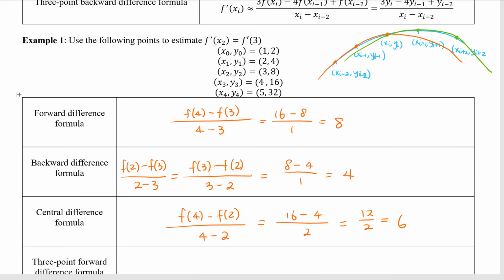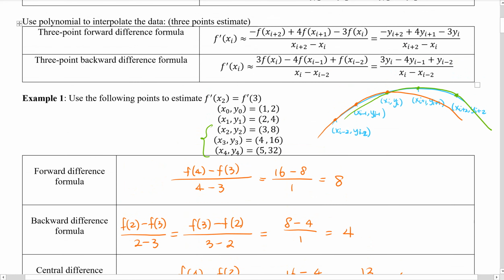Okay, now how about the 3-point forward difference formula? Let me use a different color here. For the forward difference formula, we need 3 points, including the point we're interested in and the next 2 points. So we have the formula, with the coefficients minus, plus 4, minus 3.